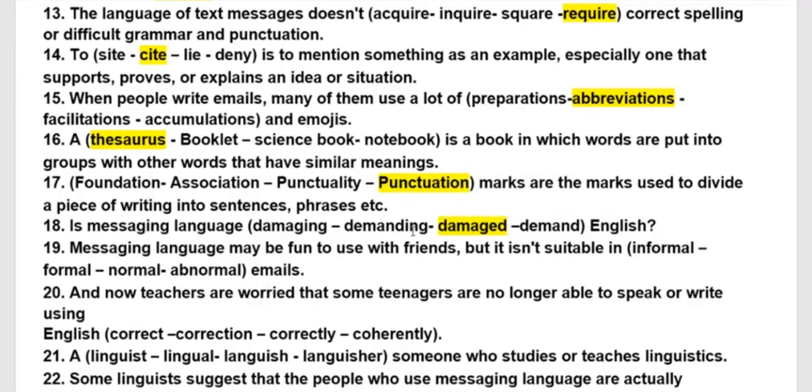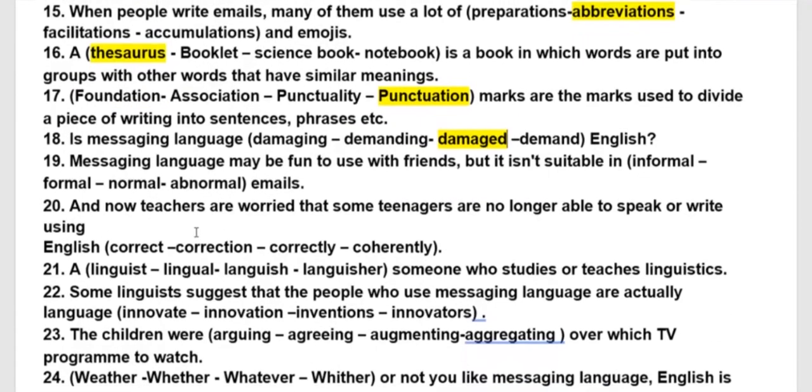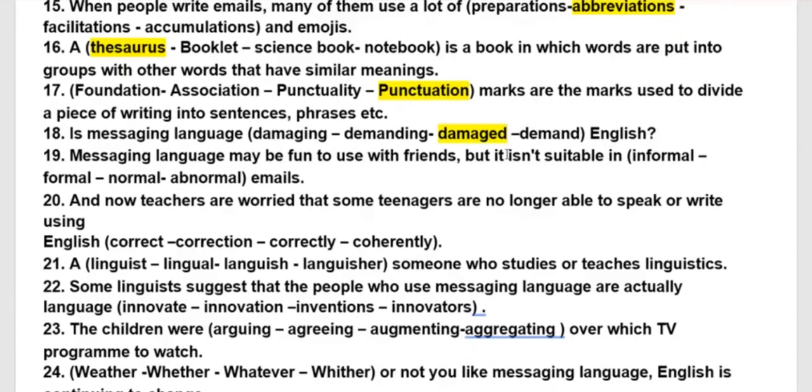Using informal language in messaging language damages the English language. Messaging language may be fun to use with friends, but it isn't suitable in official emails. And now teachers are worried that some teenagers are no longer able to speak or write using it, right?